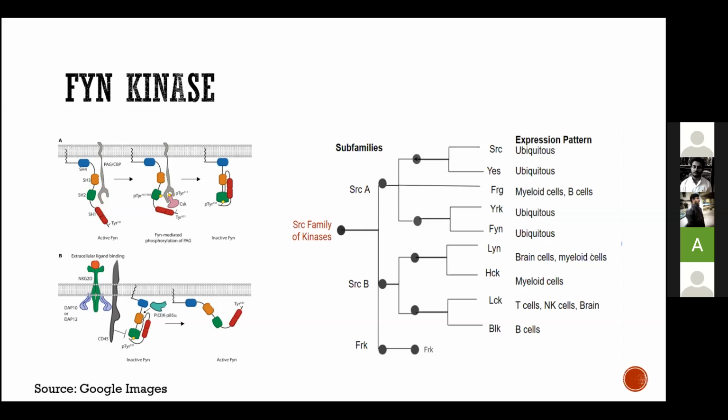It's like the ECM sends you a signal that you can move ahead, or here you can get a lot of matrix to move ahead. So ECM signals through the integrin to the FAC, and then in turn it signals the Fyn kinase to further act inside the biochemical pathway.